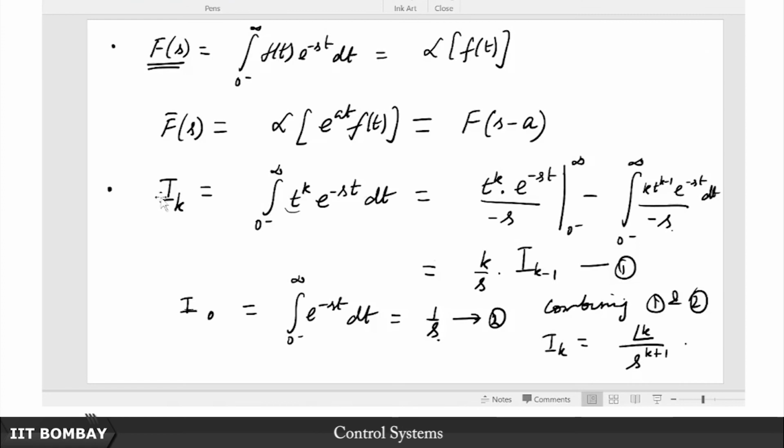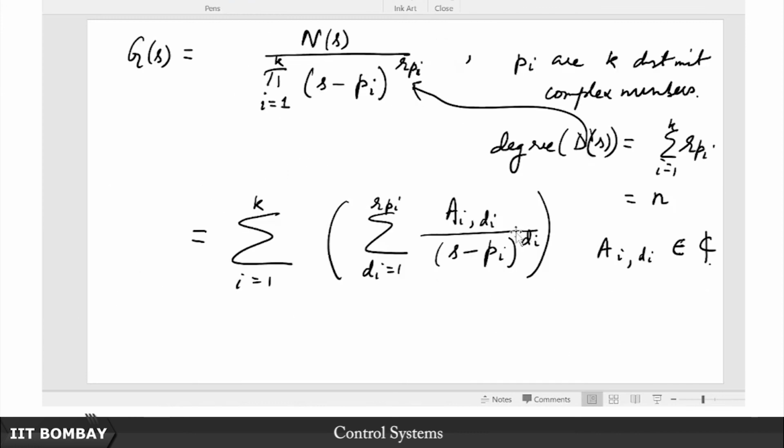Because now notice, by combining these two properties and looking at the Laplace transform, if you know that t raised to the k has a Laplace transform given by this, and if you shift in the frequency domain, that is if you shift this s to s minus a, it is effectively the same as multiplying the time domain function by the exponential e to the at.